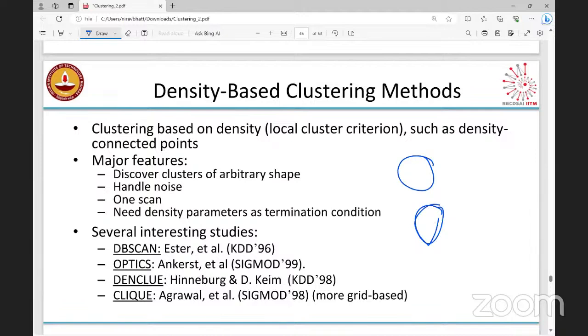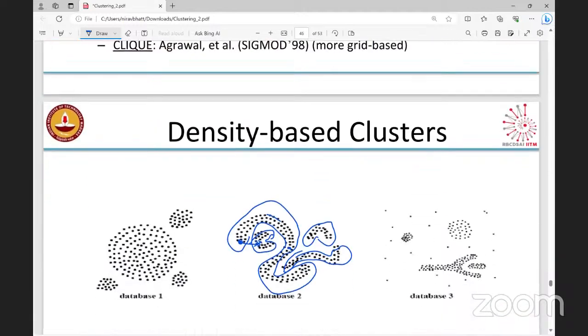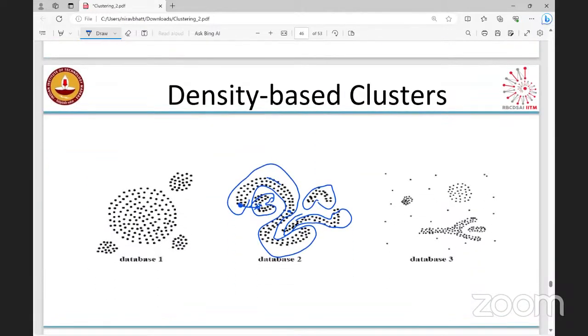But with the density-based clustering approaches, we can actually use the concept of connected points. So we are saying that how they are connected with each other is important rather than the distance between them. And that is density-based clustering. And it can actually do clustering for any arbitrary size.